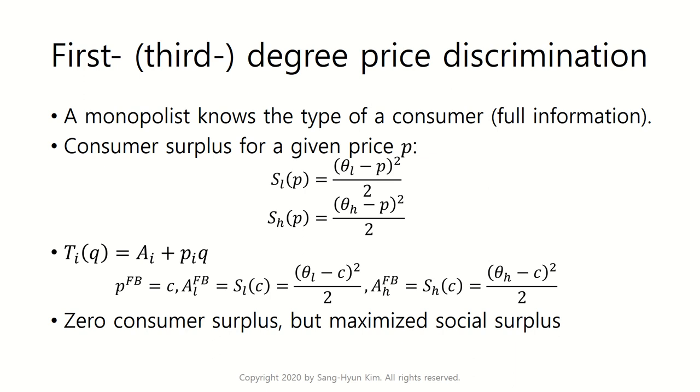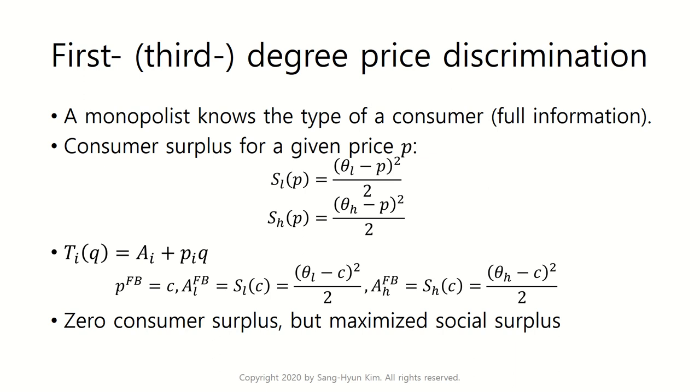So in that case, marginal cost must be the same as the marginal utility of the consumer. So marginal utility equals marginal cost. That's how you maximize the social surplus, and then you extract that surplus. So there is no other way to increase the profit, right? So this is a way to maximize the profit.